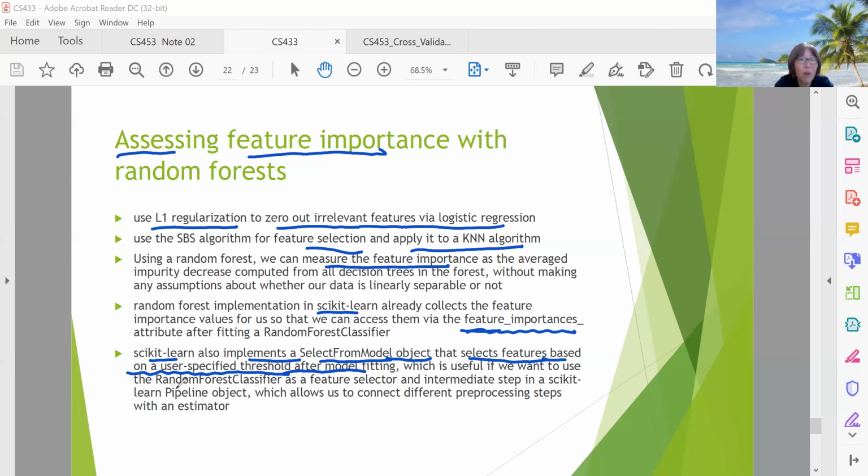We can also use a random forest classifier as a feature selector, as an intermediate step. Later we will also learn that in sklearn we can use a pipeline to do some pre-processing before we do the real model training.